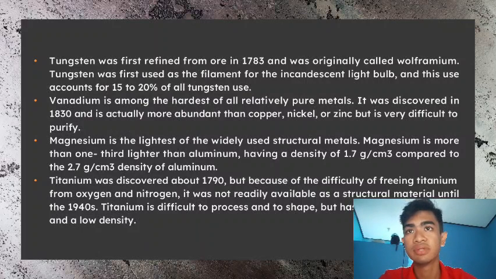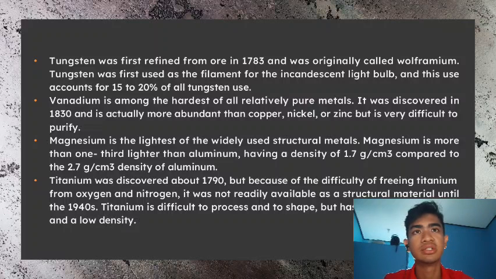Tungsten was first refined from ore in 1783 and was originally called wolframium. Tungsten was first used as the filament for the incandescent light bulb, and this use accounts for 15 to 20% of all tungsten use.